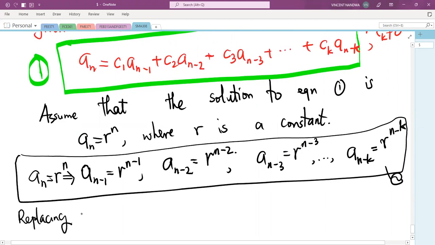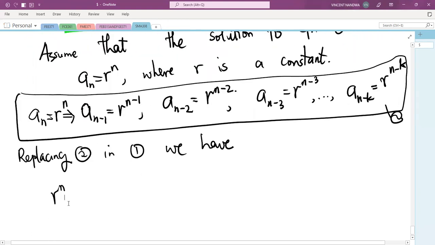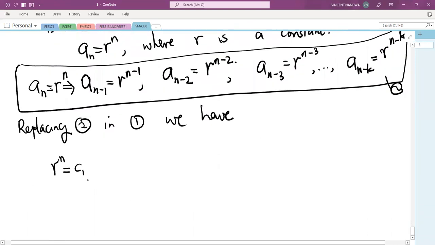replacing 2 in 1, we have: where there's a_n, I replace by r^n. Where there's a_{n-1}, I replace by r^{n-1}. So the next term will be c_2 r^{n-2}.